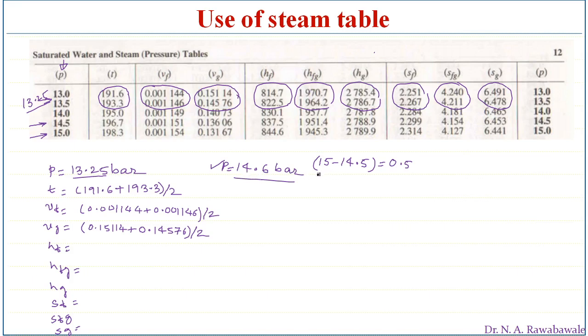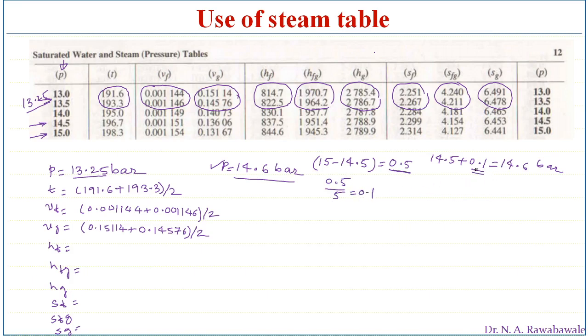So the first pressure is 14.5, plus 0.1, which gives us 14.6 bar. This 0.1 is a fifth part of 0.5, so 0.5 divided by 5 is equal to 0.1.